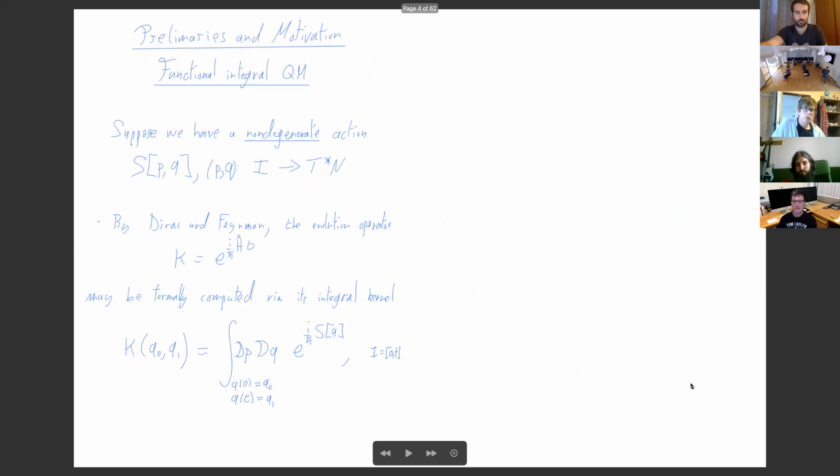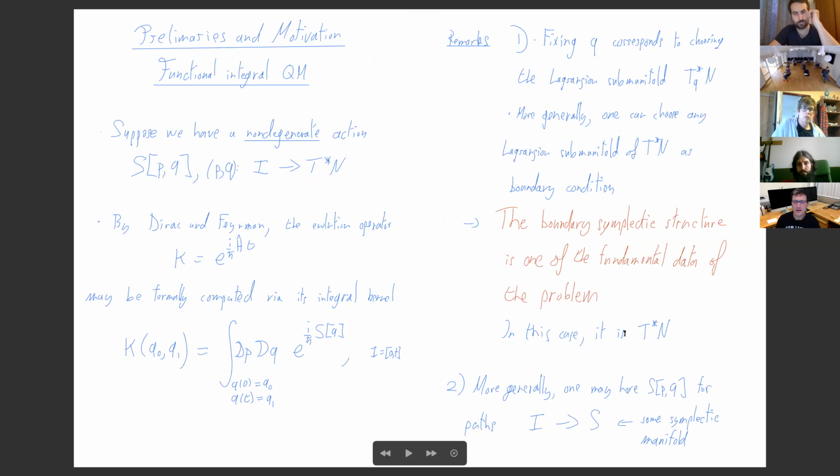Now, this is the standard answer, and there are several ways to make sense of this. Feynman, for example, showed that if you discretize this formal expression, you get something that converges actually to this operator. Another approach, the one we would use, is to define this as a perturbative expansion.